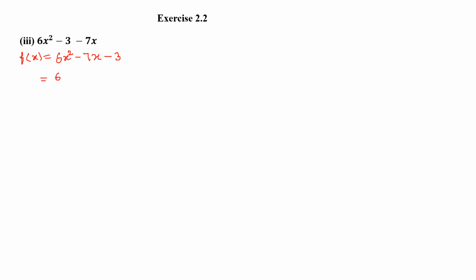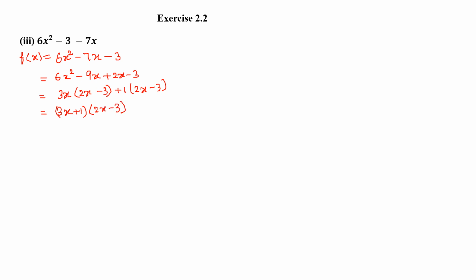So it will be 6x square minus 9x plus 2x minus 3. Now I have to take 3x common here. So 2x minus 3 plus 1 times 2x minus 3, which will be equal to 3x plus 1 into 2x minus 3.